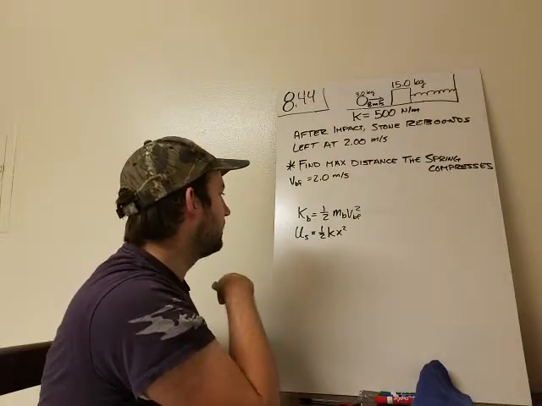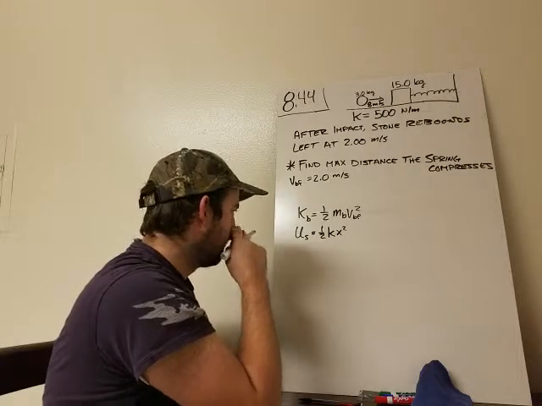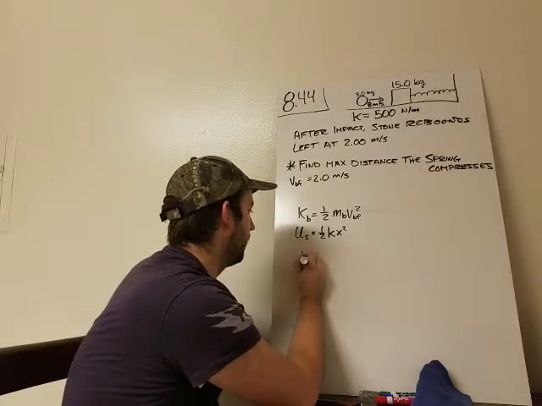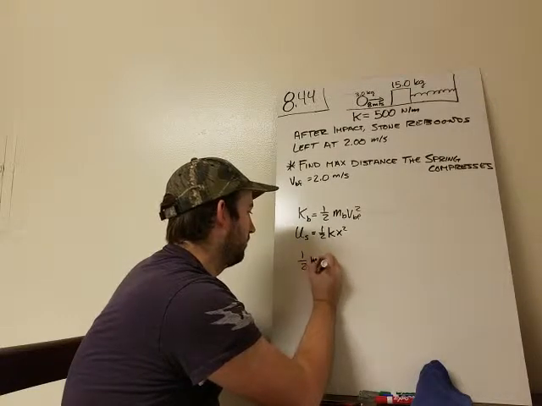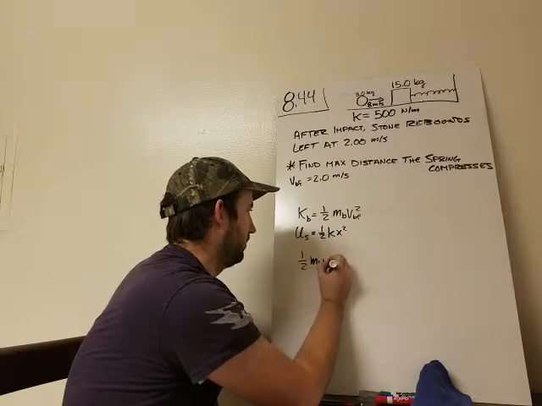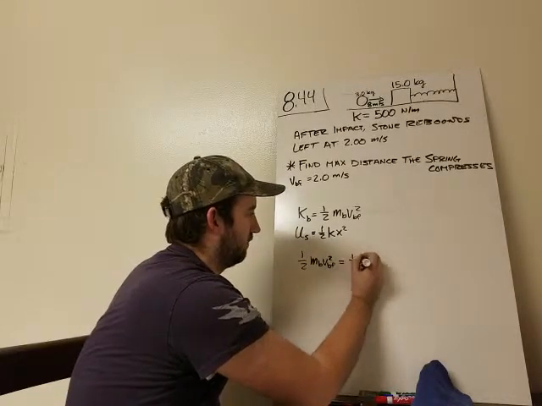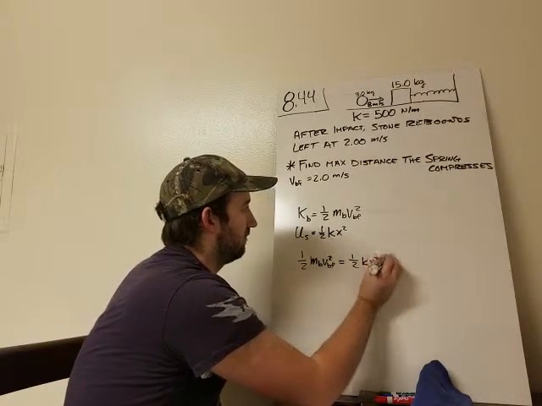And we can set these equal to each other. So what we'll end up with is 1/2 m_B v_B squared equals 1/2 k x squared.